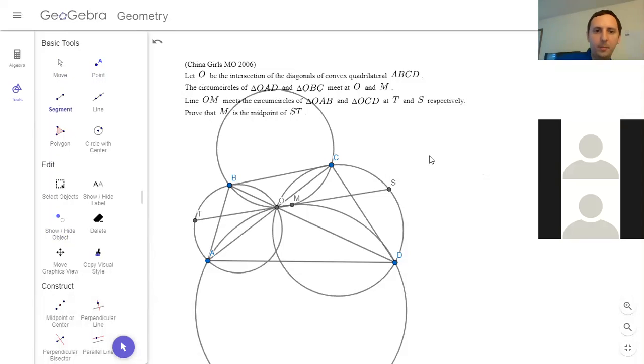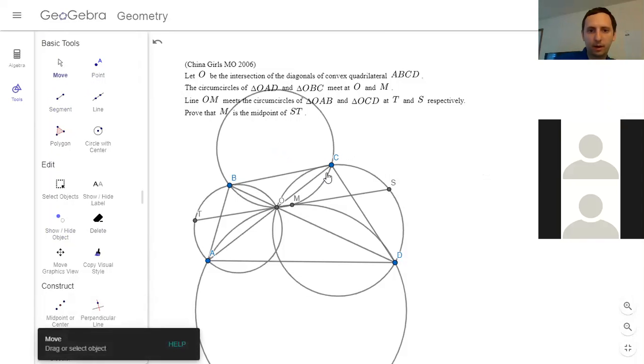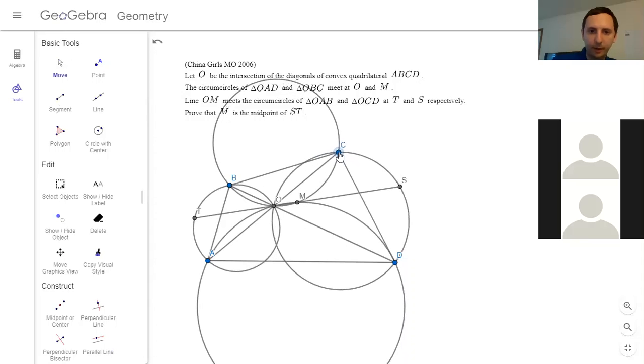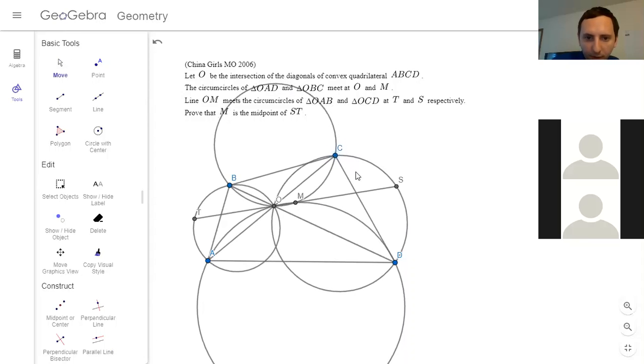So yeah, spiral similarity takes MBC to MAB. So MBC and MAB are similar. And we want to show M has the same power with respect to these two circles, right? So how would we do that?